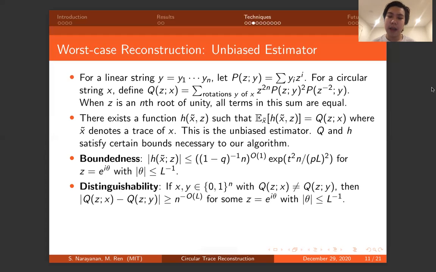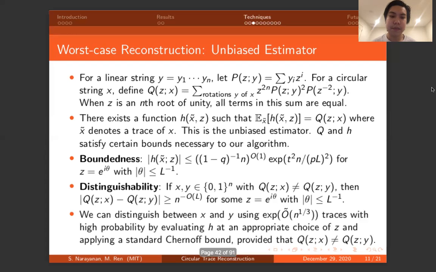We also want, if x and y are different strings, for q of zx and q of zy to be far apart. We have this result where as long as qzx and qzy are different as polynomials, then for some z along this arc, they will be sufficiently far apart for us to distinguish x and y.